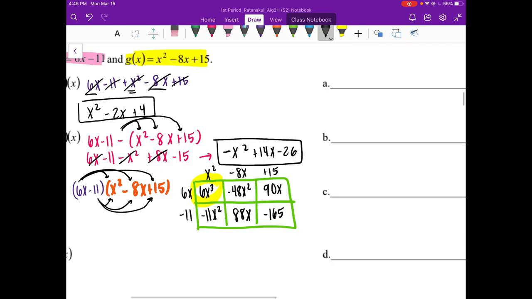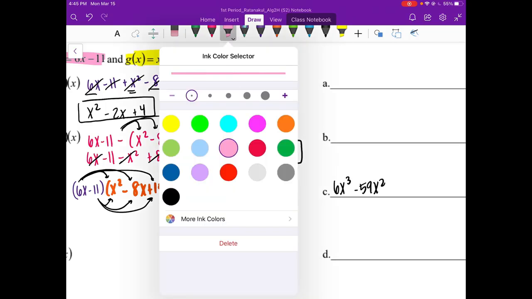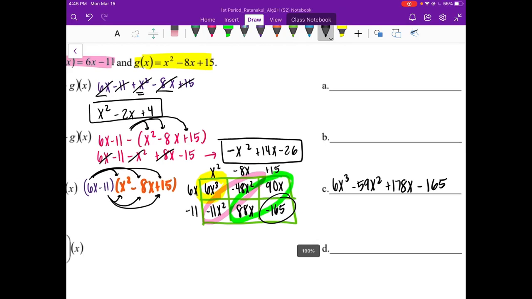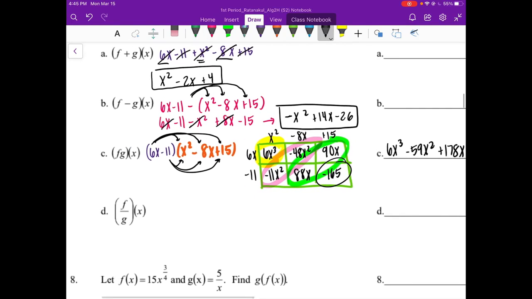We only have one x cubed term, so 6x cubed. We can combine the x squareds. We get minus 59x squared. Combine our x's. Plus 178x, and then minus 165. So the square helps you keep everything organized.